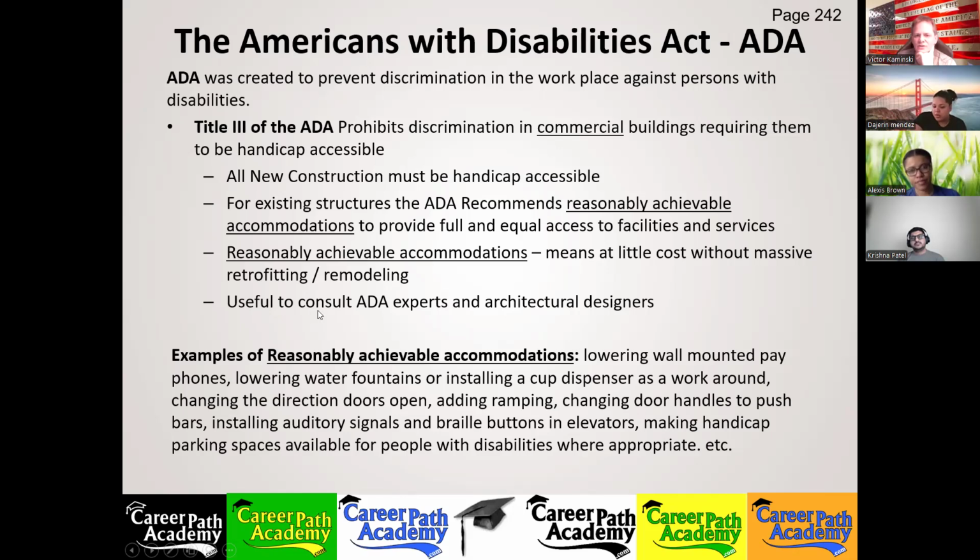So it may be useful to consult with ADA experts and architectural designers. It's cheaper and easier to make new construction handicap accessible than it is to modify an existing structure. So that's why, when it comes to existing structures, they have to modify them to make them handicap accessible. In some situations, it can be very expensive and costly to do so.